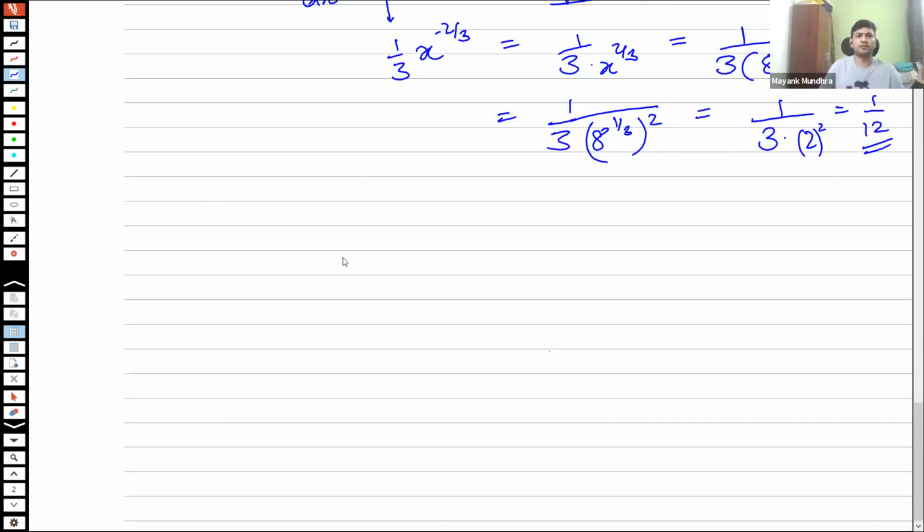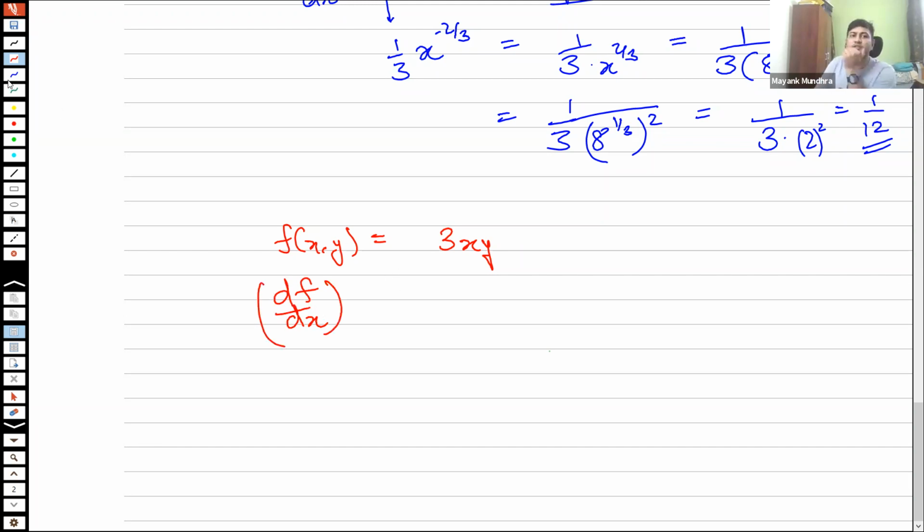So suppose you have a function f of x comma y equals 3xy, and I have to differentiate it with respect to x, so I write df by dx.